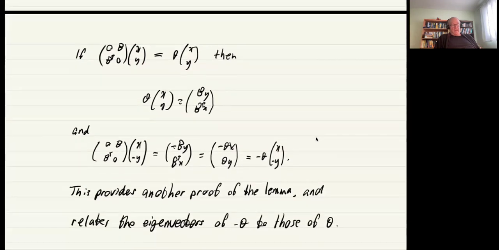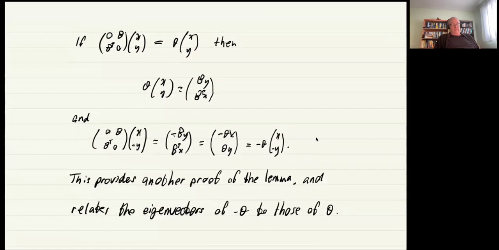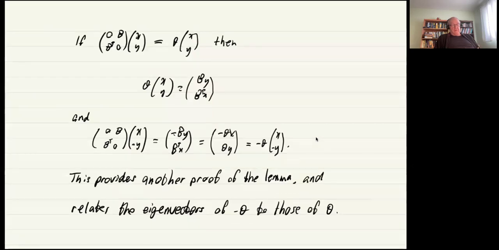Now, if you apply this to x, minus y, you get minus theta times x, minus y. So what I'm saying here is that if (x, y) is an eigenvector for the adjacency matrix of a bipartite graph with eigenvalue theta, then (x, minus y) is an eigenvector with eigenvalue minus theta.